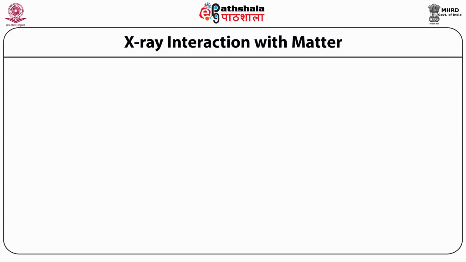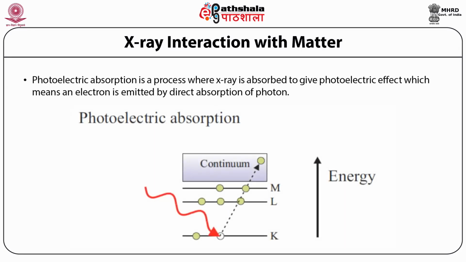This slide shows especially photoelectric absorption. This is pictorially demonstrated. In atoms, we know that there are K, L, M shells, and there is a continuum. Continuum here means that as you go higher in energy, the difference between the shells becomes smaller and smaller, so they become an almost continuous band of energy.